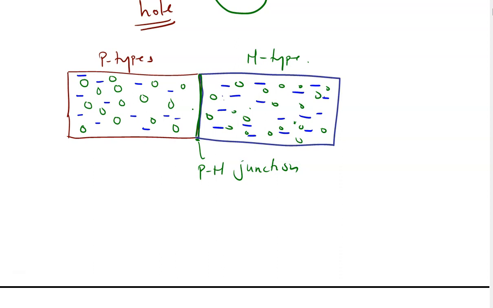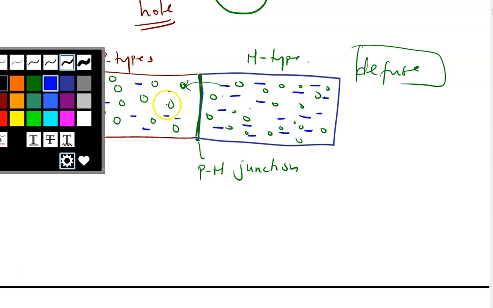Pay attention: once we combine them, because there are holes here, the electrons begin to diffuse into the p region, that's the p-type material. So the electrons here begin to move.